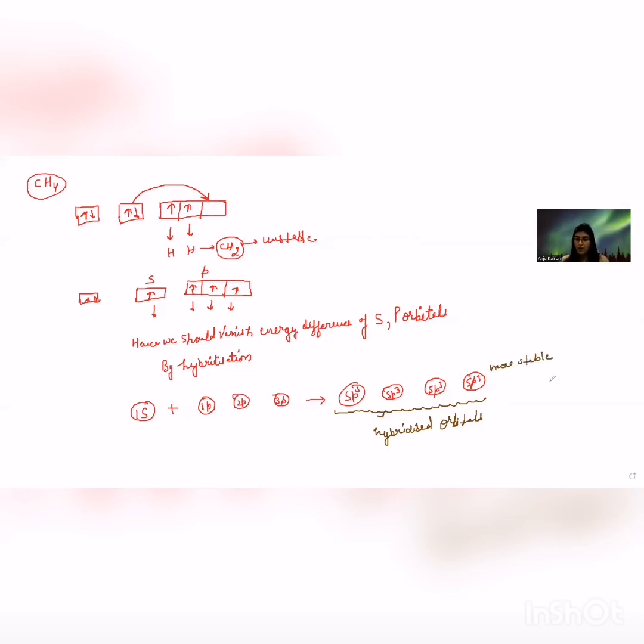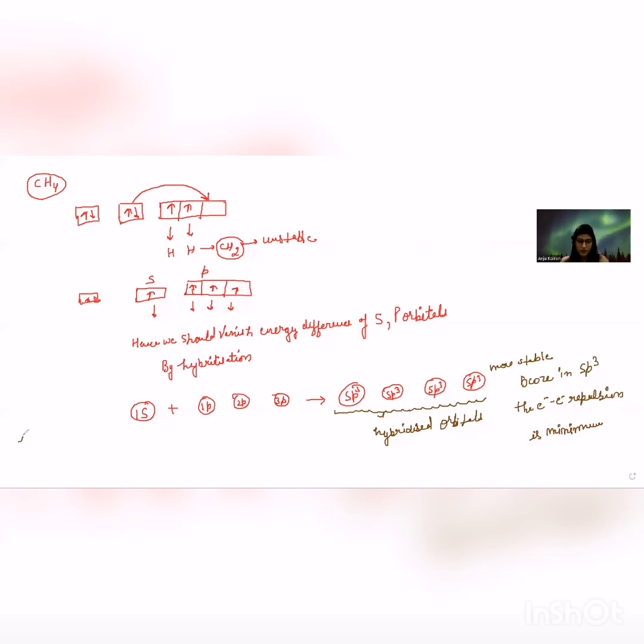Why are they more stable? Because in the sp3 orbital, the electron repulsion is minimum. Okay, that's why we need hybridization. Now you know what hybridization is.